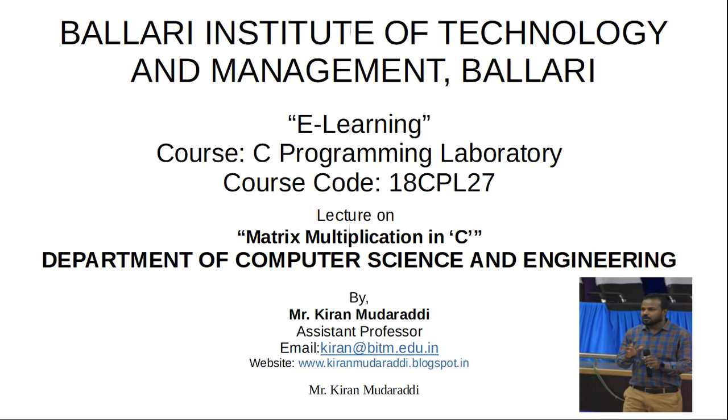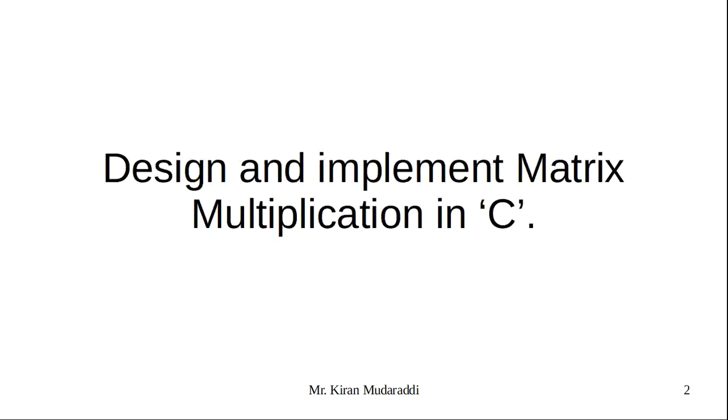The course code is 18CPL27. In this video lecture, we are going to discuss matrix multiplication in C. That is, design and implement matrix multiplication in C. Design is nothing but solving a problem by using design tools like algorithm and flowchart, and converting the algorithm or flowchart into a C program is called implementation.